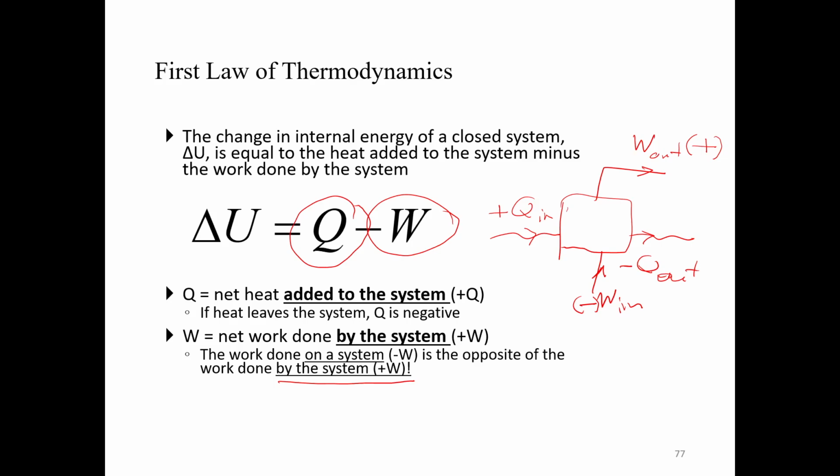What we desire is to get the work out of the system. For example, an engine, let's say a petrol engine or a diesel engine, we add heat by burning fuel, then we get the work out, right? Work out is plus, adding heat is plus, right? That's how this convention comes.